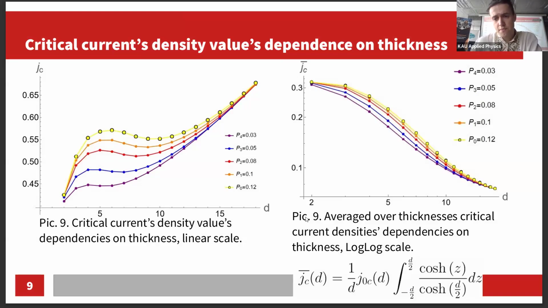However, when we take the full integral current and average it over the thickness, and therefore have an averaged critical current density value, we have the expected result of J_C averaged decreasing, or rather increasing slower than thickness does.